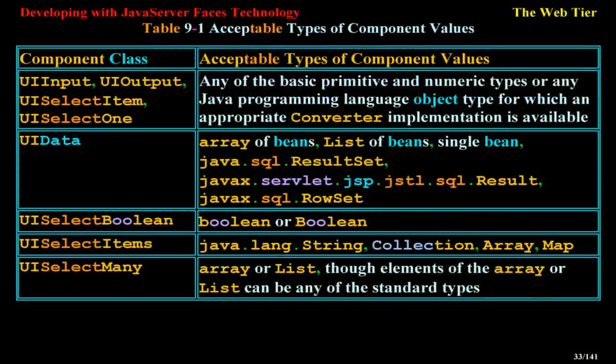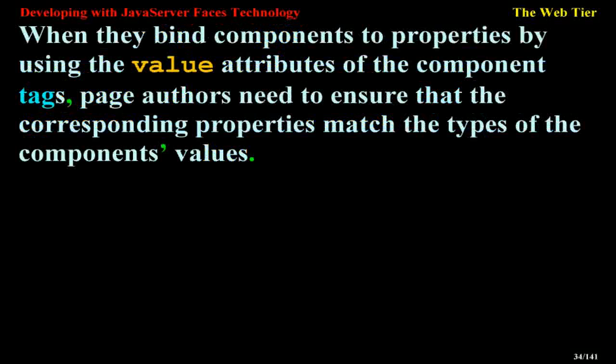UIData accepts an array of beans, list of beans, single bean, java.sql.ResultSet, javax.servlet.jsp.jstl.sql.Result, or javax.sql.RowSet. UISelectBoolean accepts boolean. UISelectItems accepts java.lang.String, collection, array, or map. UISelectMany accepts an array or list, though elements of the array or list can be any of the standard types. When they bind components to properties by using the value attributes of the component tags, page authors need to ensure that the corresponding properties match the types of the component's values.